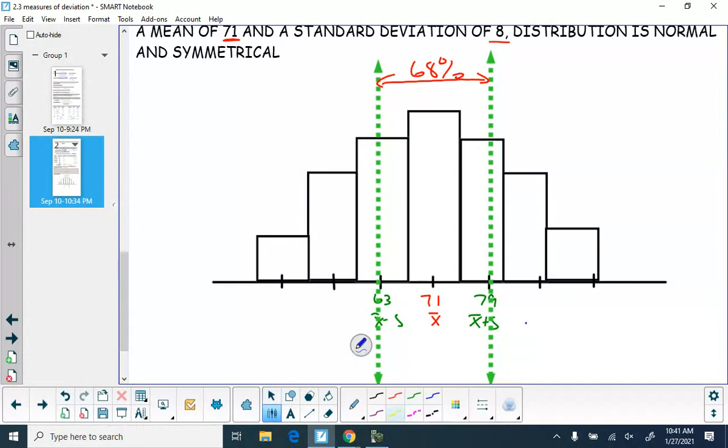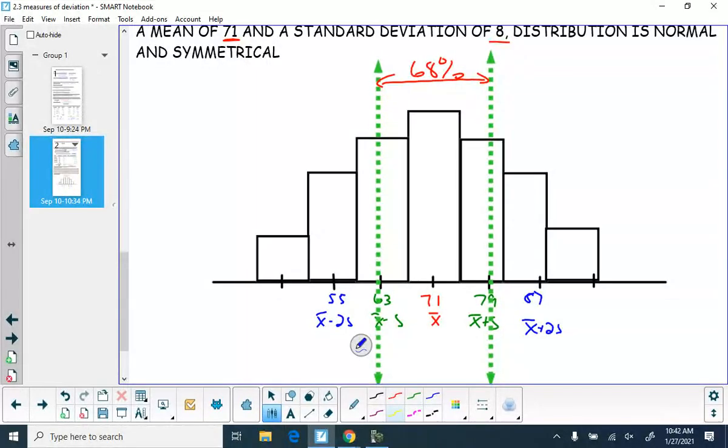If we would take our X bar, add 2 standard deviations, which would be to 87. Just adding another standard deviation. And our X bar minus 2 standard deviations, which would give us 55.